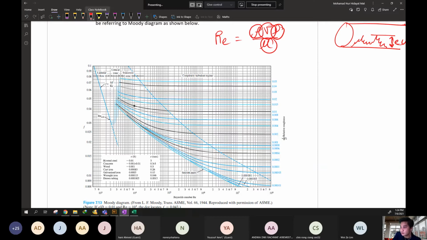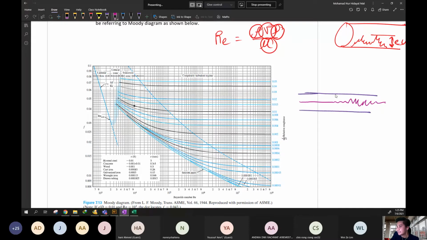Based on the actual flow, for example, consider the flow inside the pipe. This flow is laminar, the initial flow. After a certain time, the flow starts to transit from laminar flow to turbulent flow.